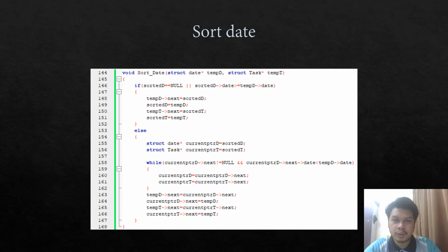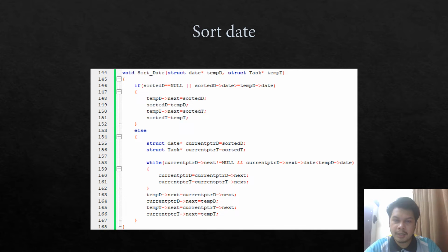First one, the sort date. In this sort date, we need to detect whether the value is in order or out of order. Firstly, we determine if sorted D is null or sorted D date is larger than or equal to temp D date.